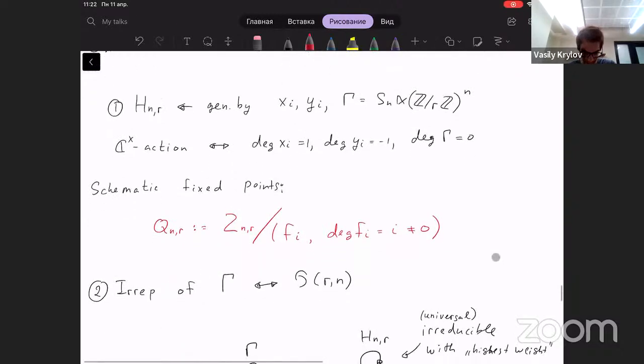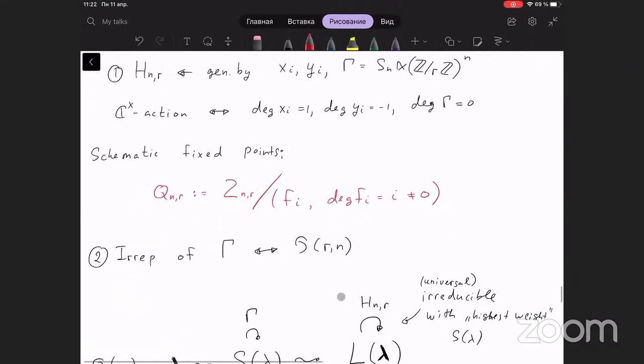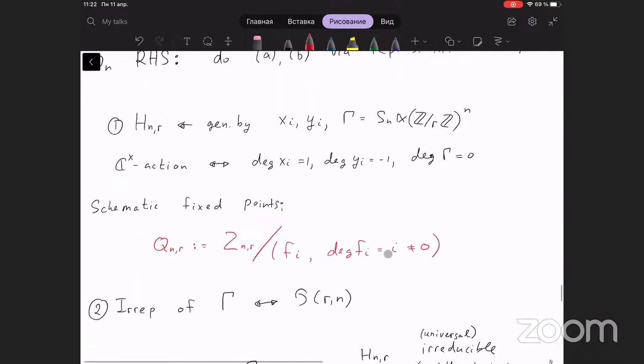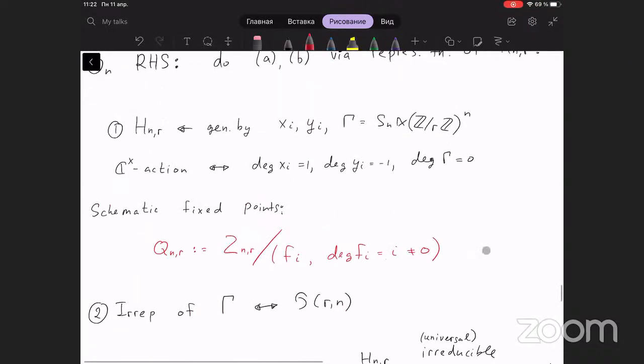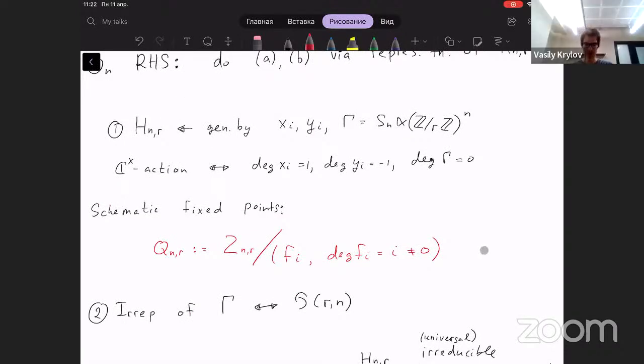Great. I said, if you go to the center, do you have only positive gradings? No, not necessarily. Note that if you have only positive gradings, then the schematic fixed points are not interesting. So you have both gradings.